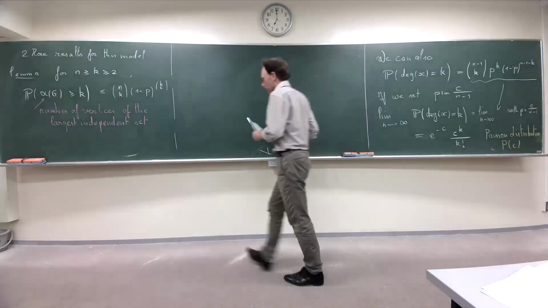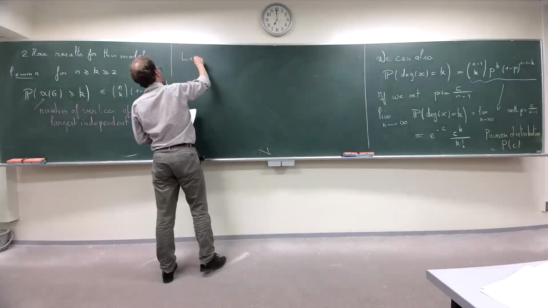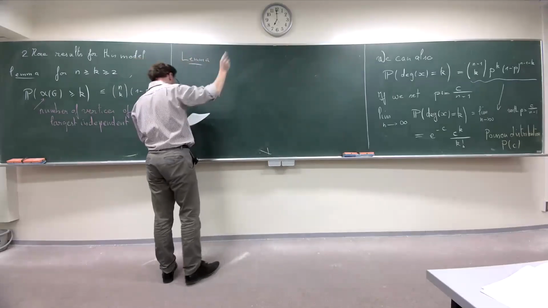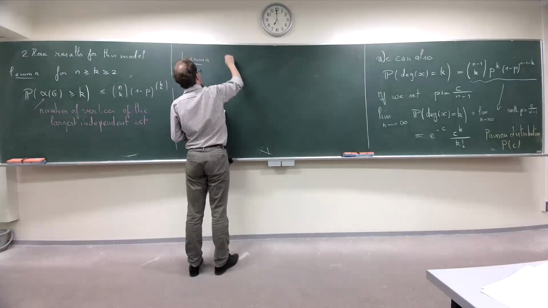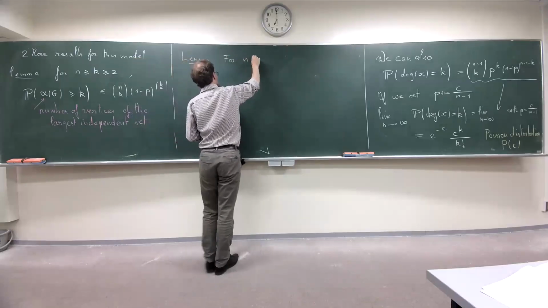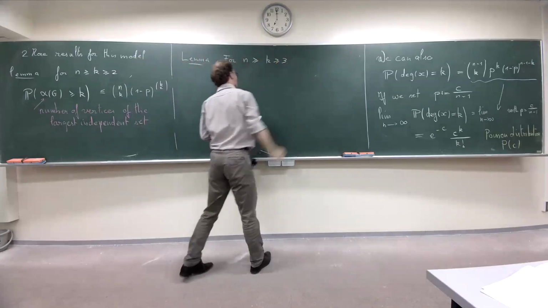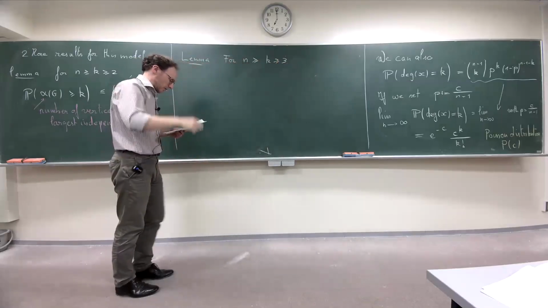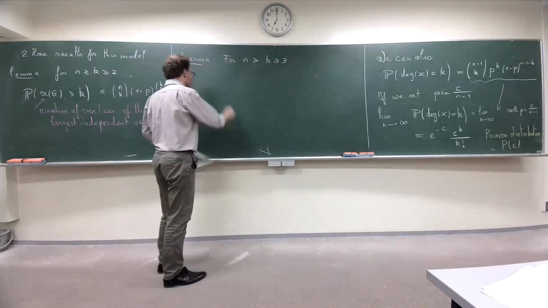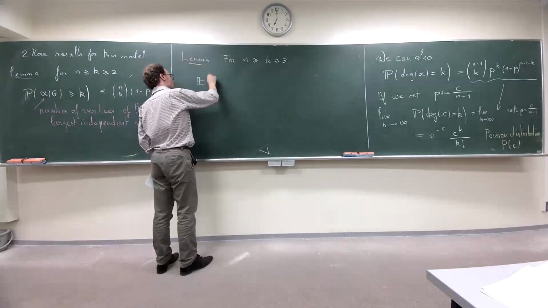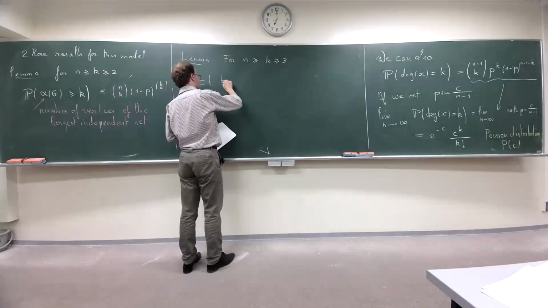It's another lemma. I'm not going to use these 2 results. I just state them to show you that we can do everything. I take k smaller than n, but bigger than 3. What is the expectation of the number of k-cycles?